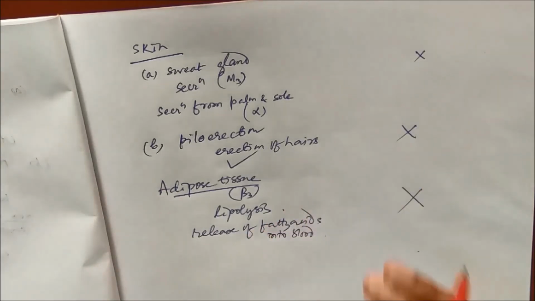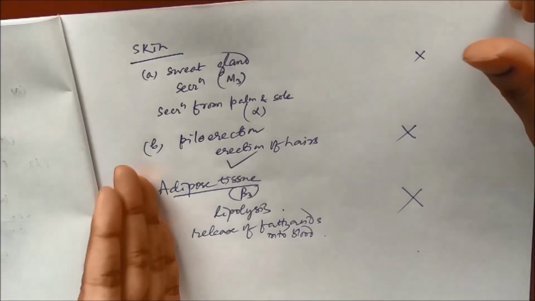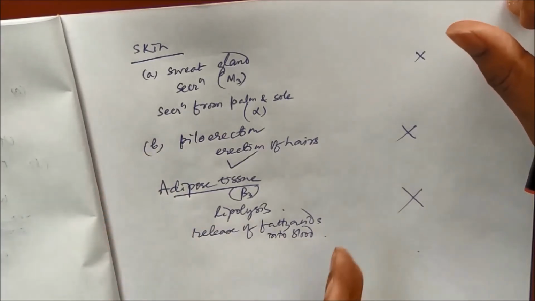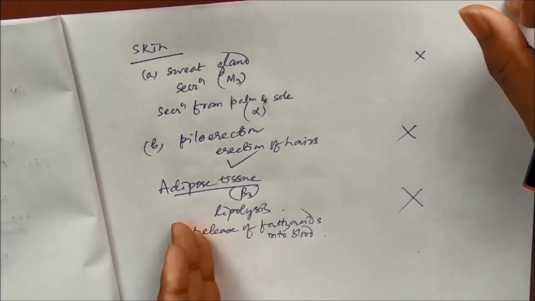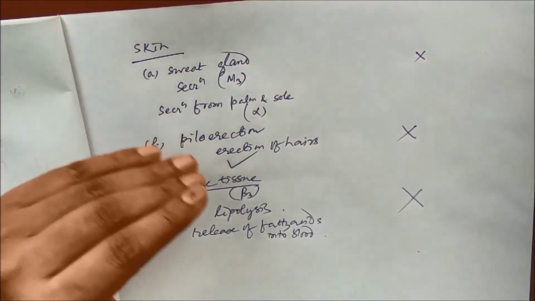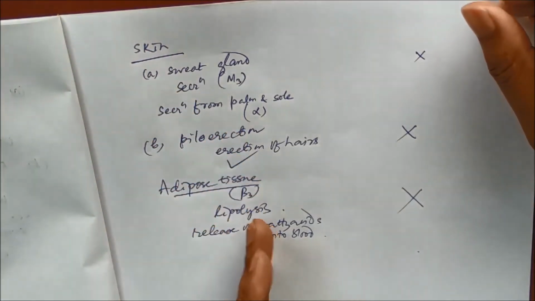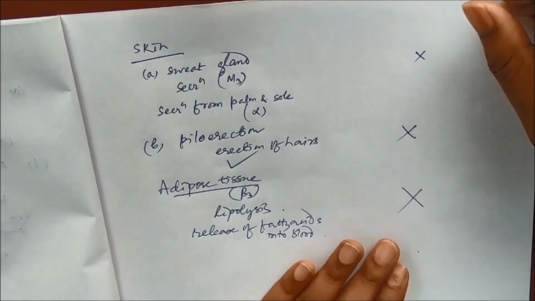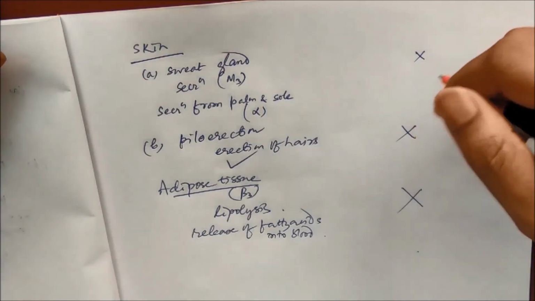So from this we can say that there are certain actions in which sympathetic is dominant and there are certain actions in which parasympathetic is dominant. A sympathomimetic drug will increase the sympathetic action, and a sympatholytic drug decreases the sympathetic action, and a parasympathomimetic drug increases the parasympathetic action. A parasympatholytic drug decreases the parasympathetic action.